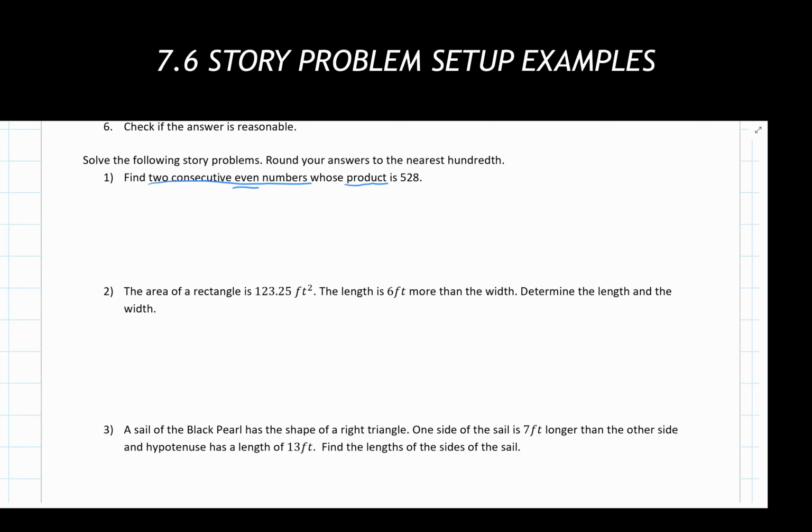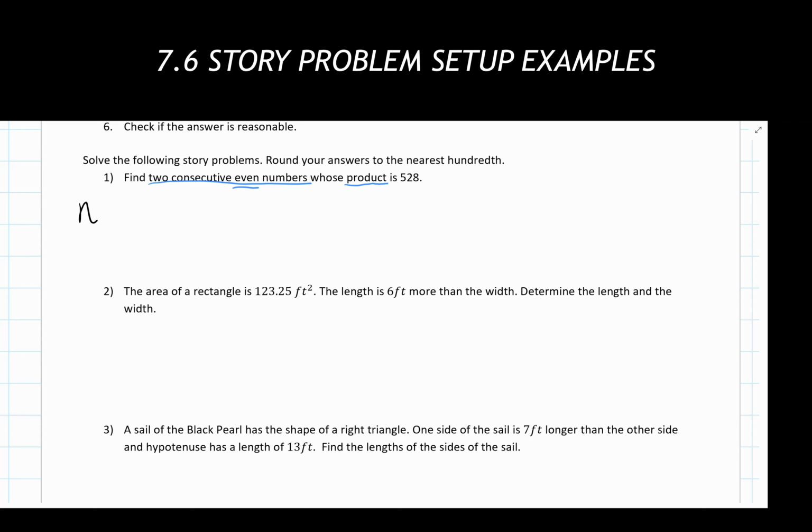So you figure, well, okay, how am I going to get to those two numbers? Well, if I have my first number, n, how would I get to my second consecutive even number? Well, if we think to the example of 6 and 8, that second number is how many more than the first? Well, it's 2 more. So my first number, if it's going to be 6 or 10 or n, how would I get to my second one?